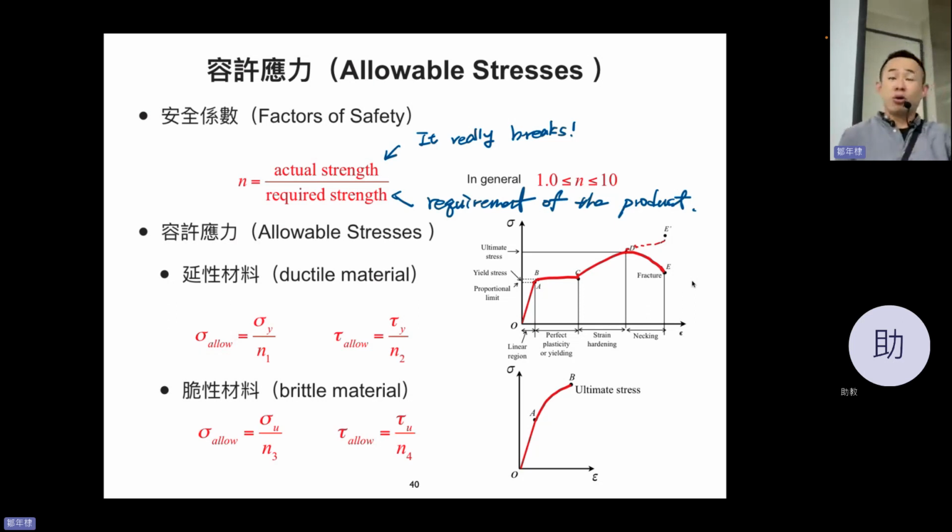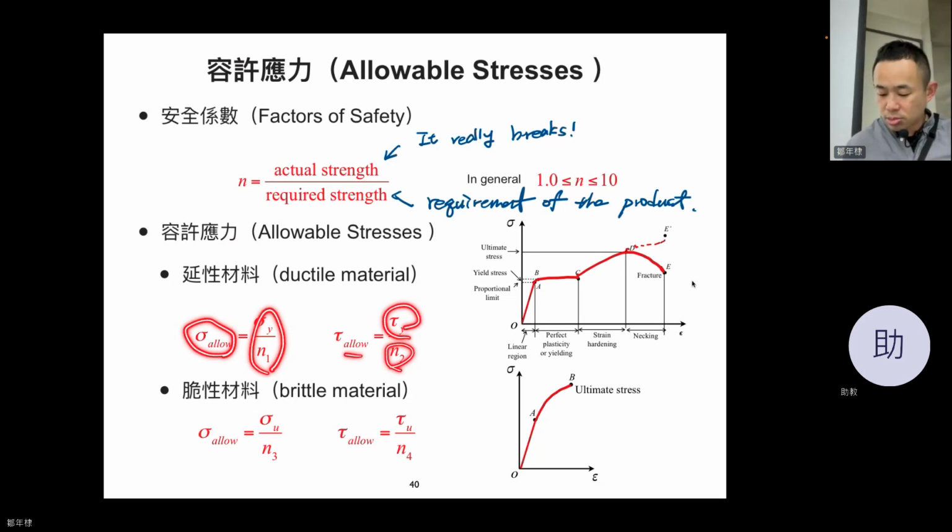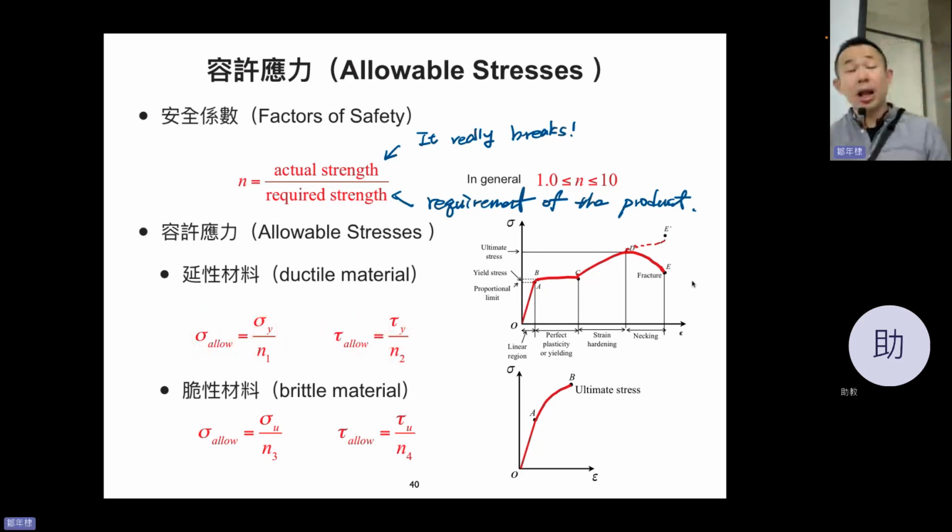Which means that on your product box, it will write sigma allowable equals some value, and that value must be related to sigma y with some factor on it. Sigma allowable looks like this, and tau y has its own tau allowable.